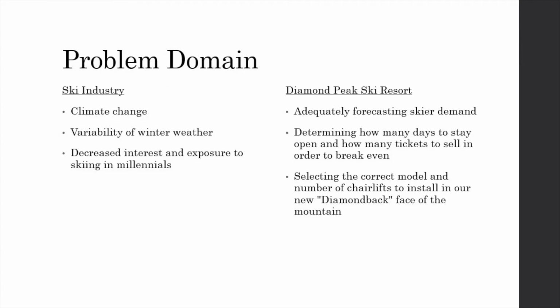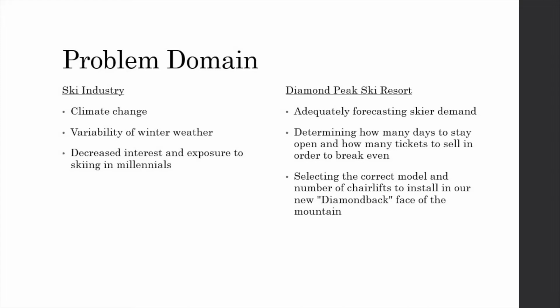Our problem domain. In terms of the ski industry in general, two main problems that we observed were climate change and the variability of winter weather. These kind of go hand in hand in that they're both just very unpredictable factors that make forecasting our numbers very difficult.